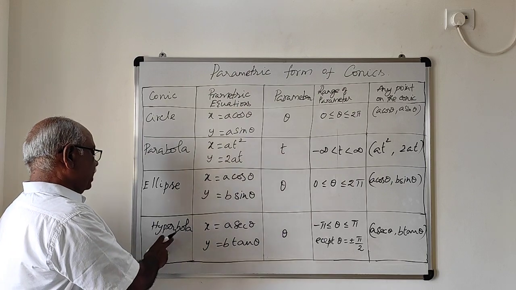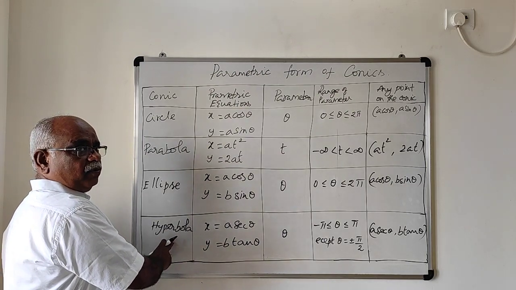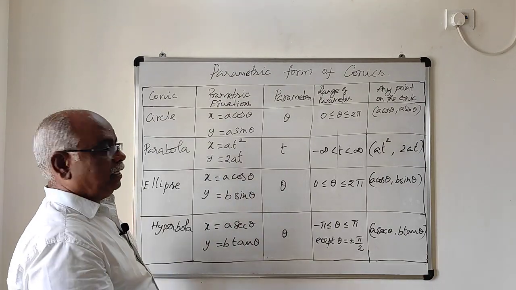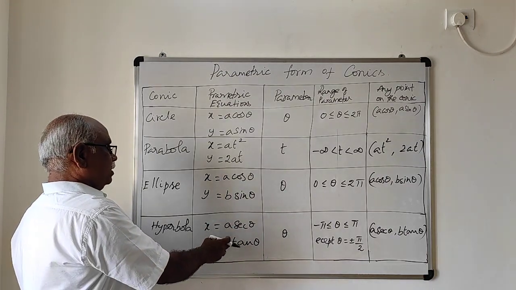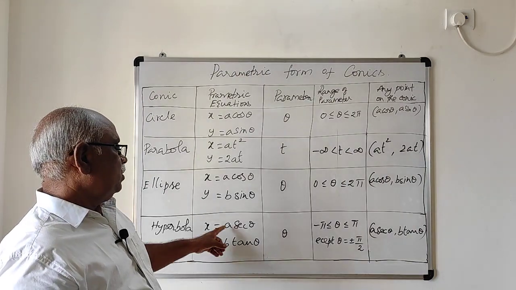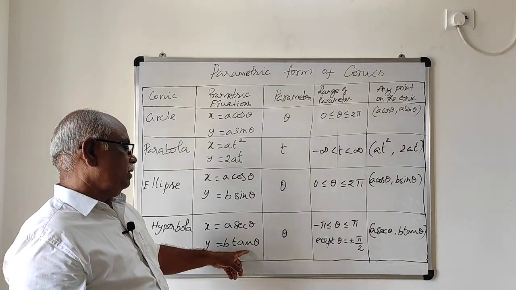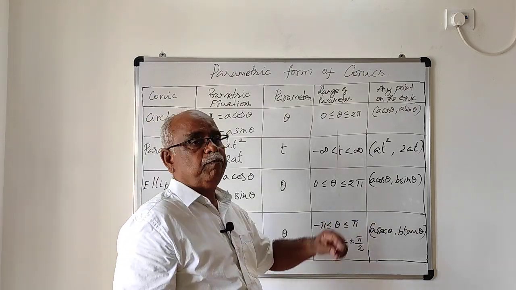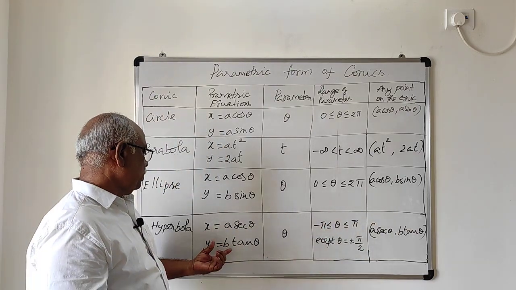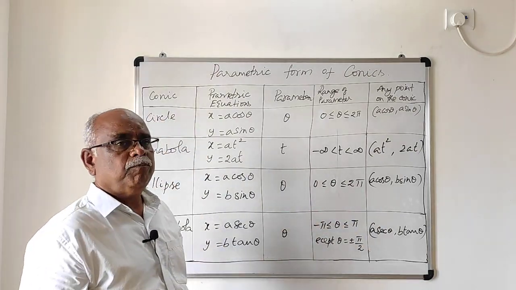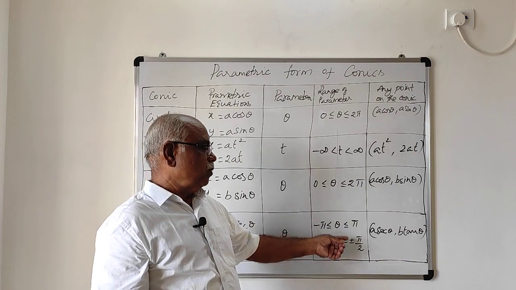Similarly, for the conic hyperbola, parametric equations are x equal to a secant theta, y equal to b tan theta. Here a is semi-transverse axis and b is semi-conjugate axis. Theta is the parameter and theta lies between minus pi to plus pi, except the theta values plus or minus pi by 2.